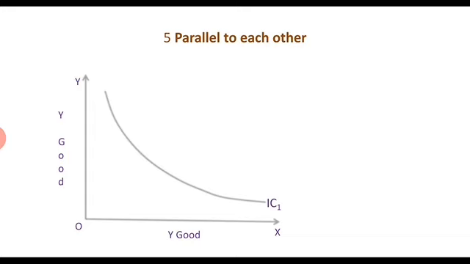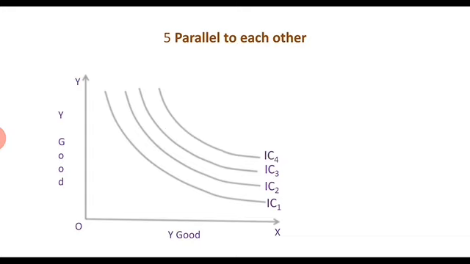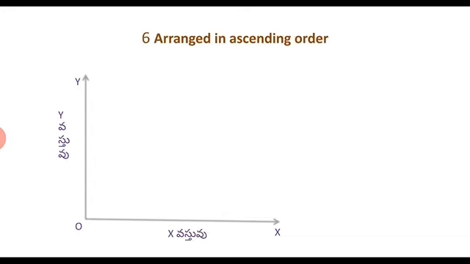Indifference curves are parallel to each other. IC1, IC2, IC3, IC4 are indifference curves. These are parallel to each other, arranged in ascending order. In the indifference map, the indifference curves are arranged in ascending order.